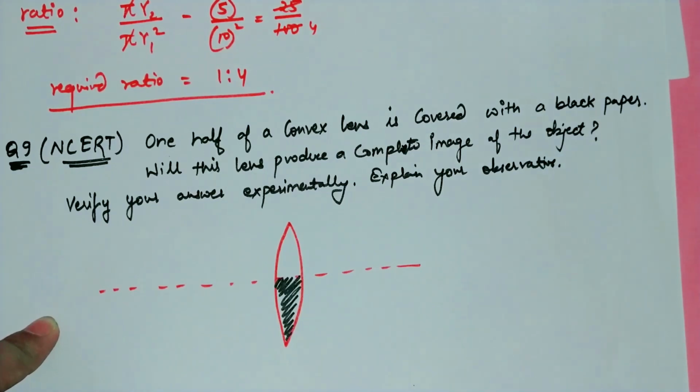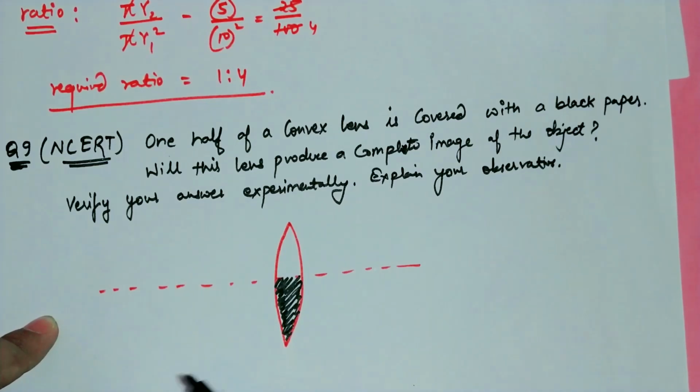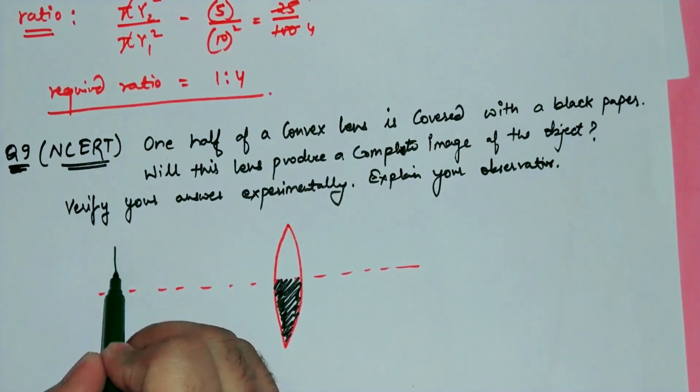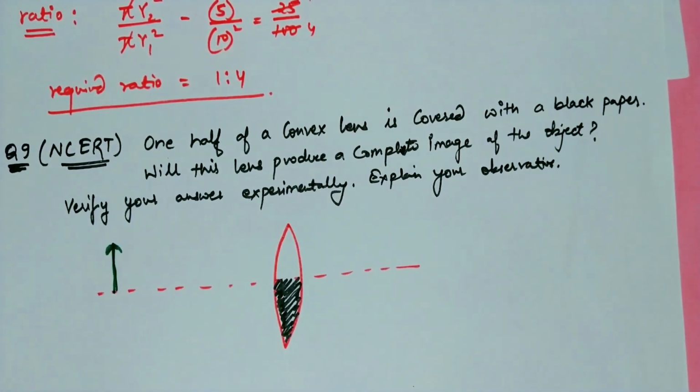So this is covered with black paper, meaning no light can pass through this. Clear? Suppose this is an object placed at some distance from the lens. So what do you think, should its image be formed or not?